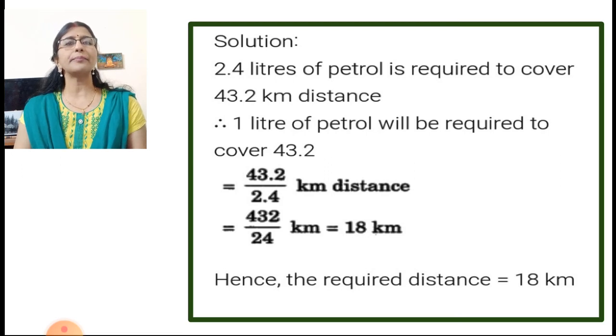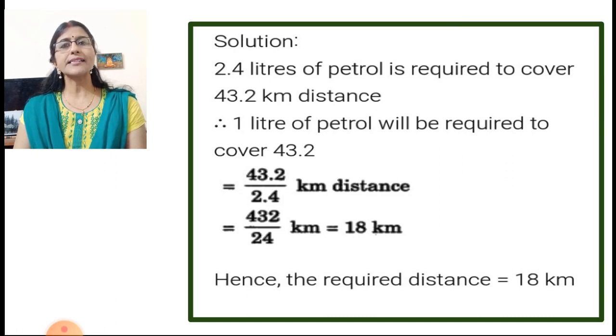Therefore 1 liter of petrol will be required to cover, this is the way we'll write, 43.2 divided by 2.4, because when you have to find out how much distance it will cover in 1 liter of petrol, you need to divide, because you have to find out for less. So 43.2 divided by 2.4.